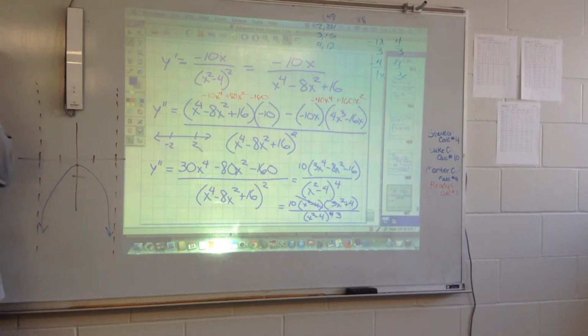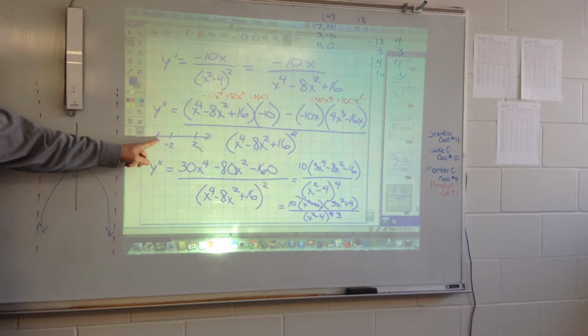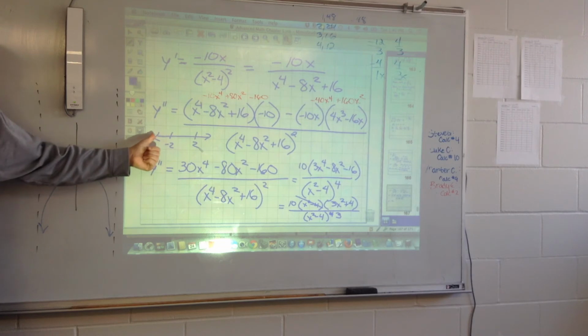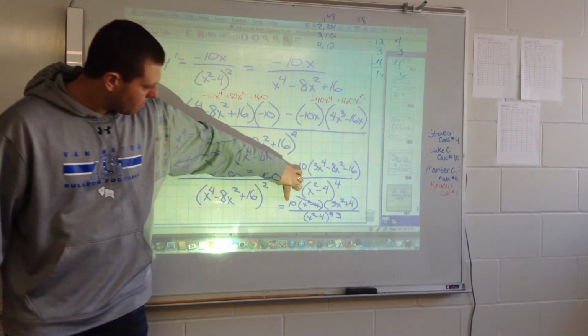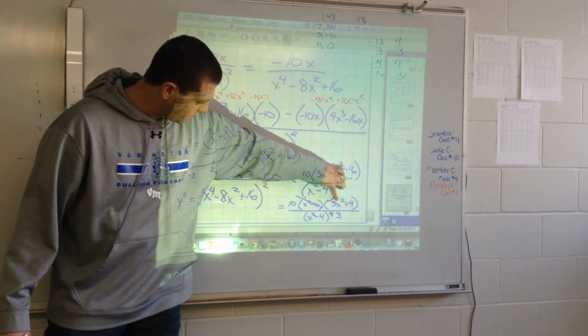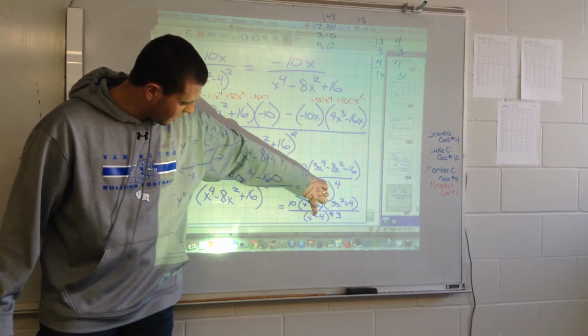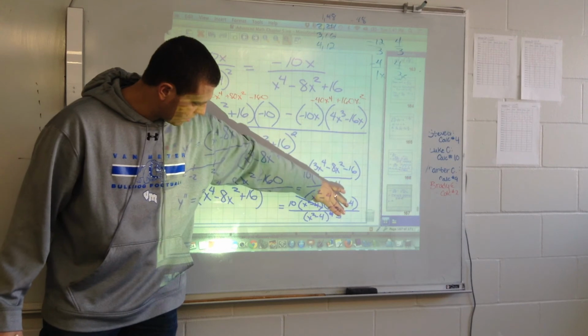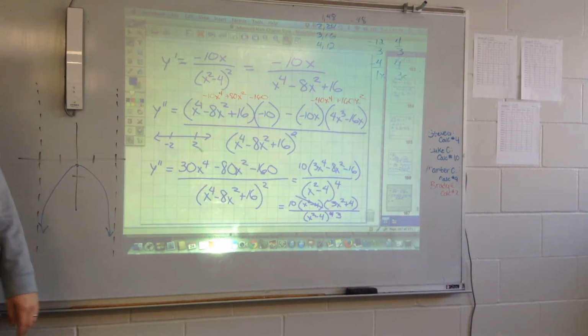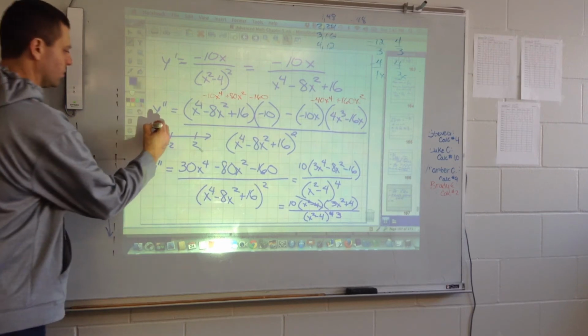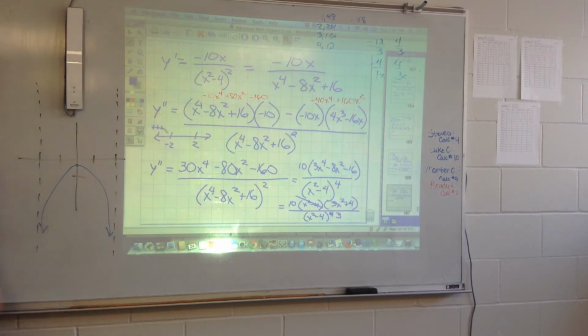And then if you check to the left of negative 2, so like negative 5, positive, positive. I check negative 5, that'd be 25 minus 4, 21. Positive. So it tells me it's concave up over here.